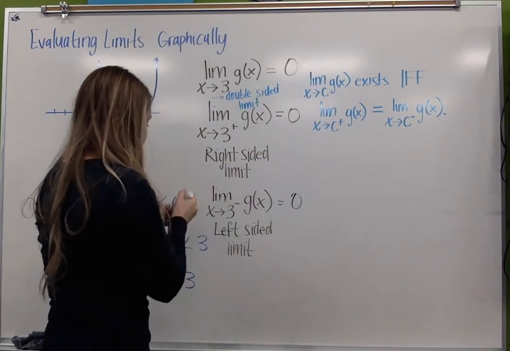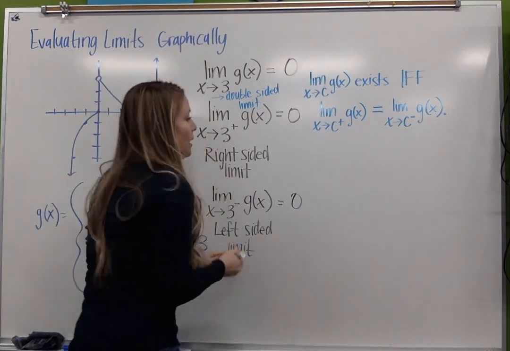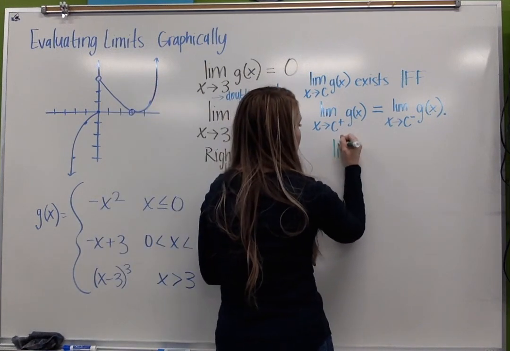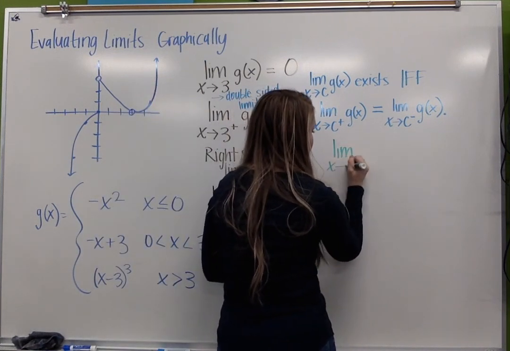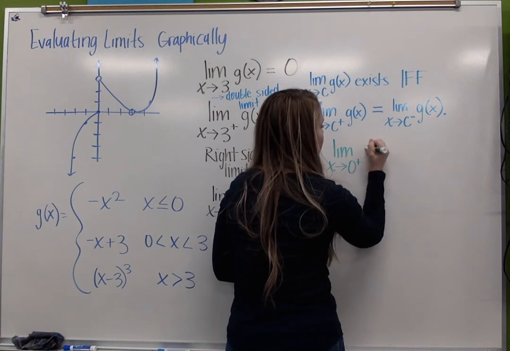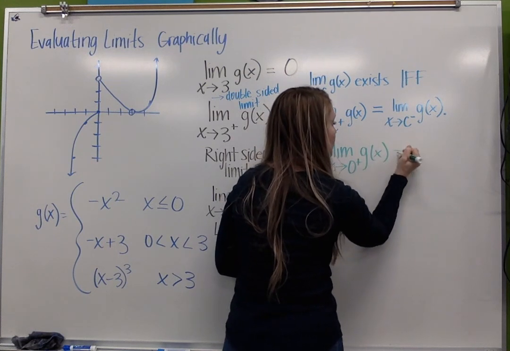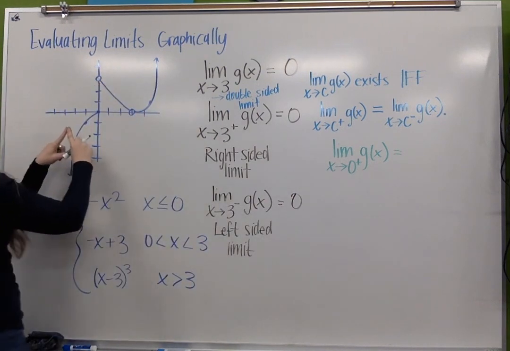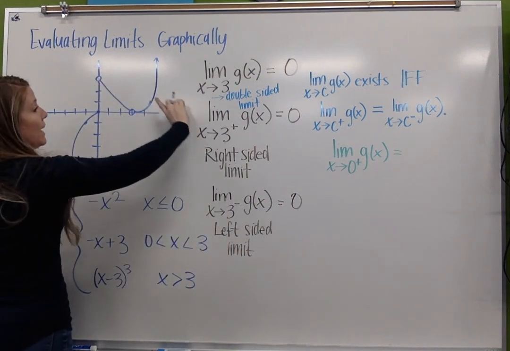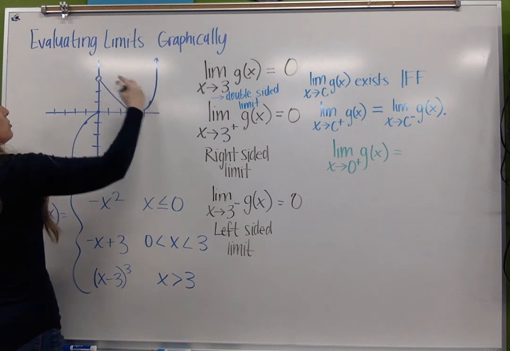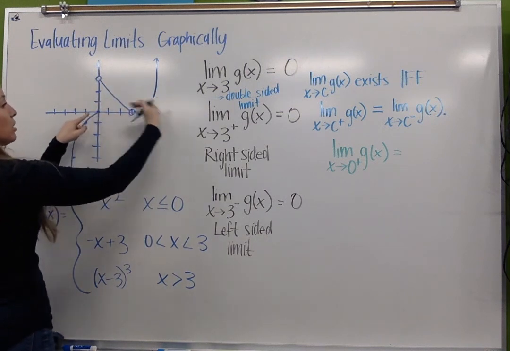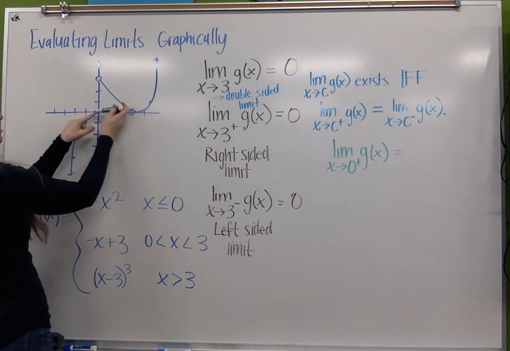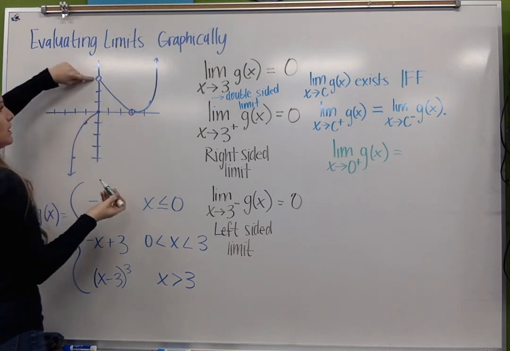If I want to know the limit as x approaches 0 from the right of g of x, I come back to my graph. As I come in from the right side, approaching x equaling 0, the graph is approaching 3.